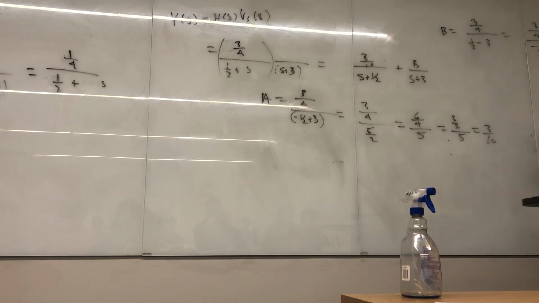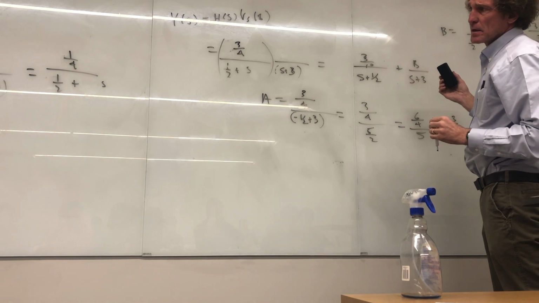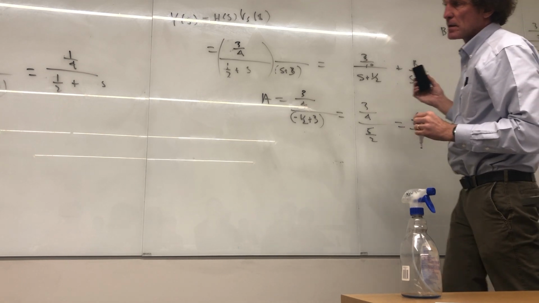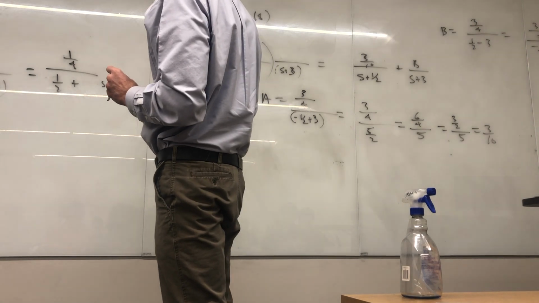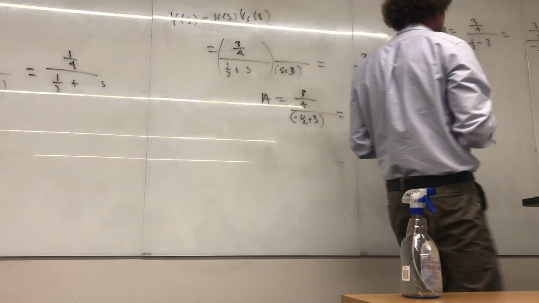Correct, class? I'm just doing it this way. So it's going to be minus 3/10 there, right? Is that right, class? I want to make sure about one thing. Yeah, that should be right. So that's going to be minus 3/10 here.